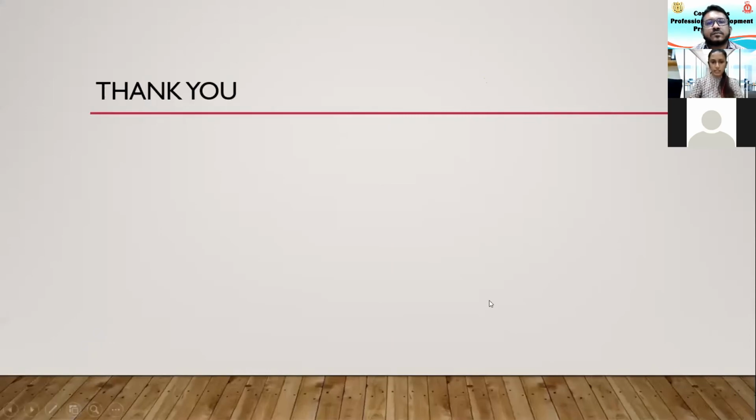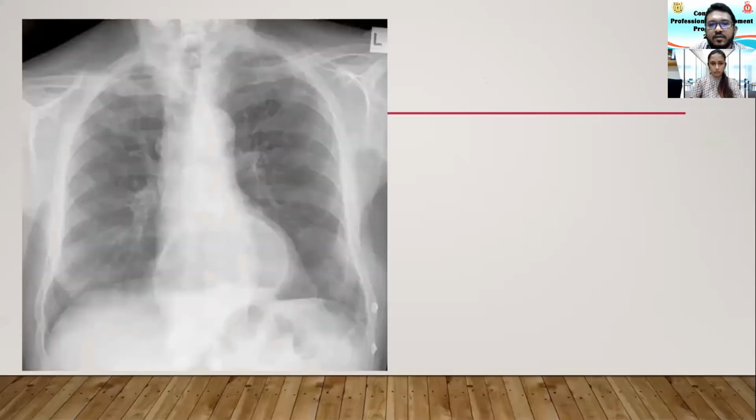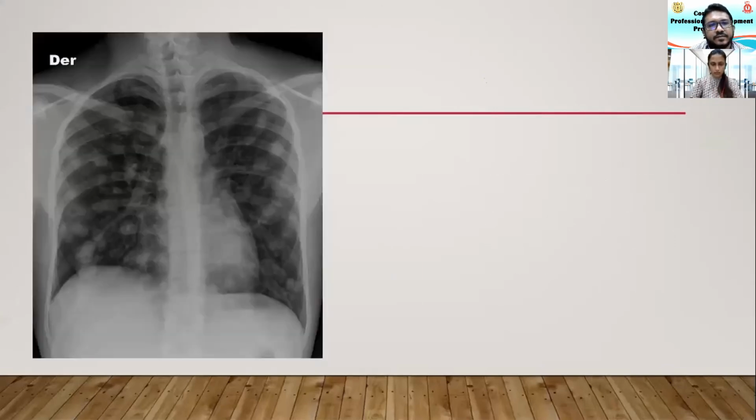So there's a question: how to identify pleural effusion? Pleural effusion is quite easy. You look at both costophrenic angles. It's a very sharp edge. Let me put the normal X-ray first.